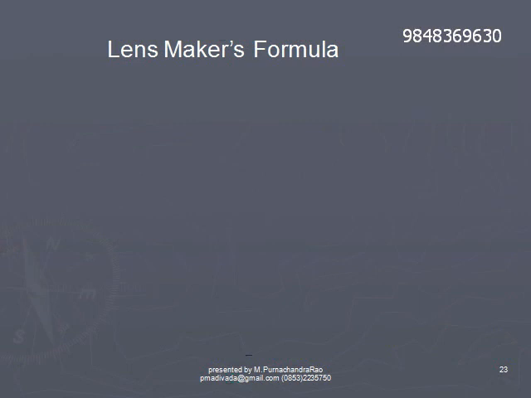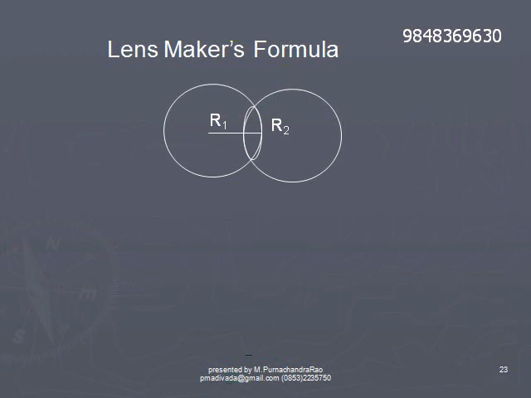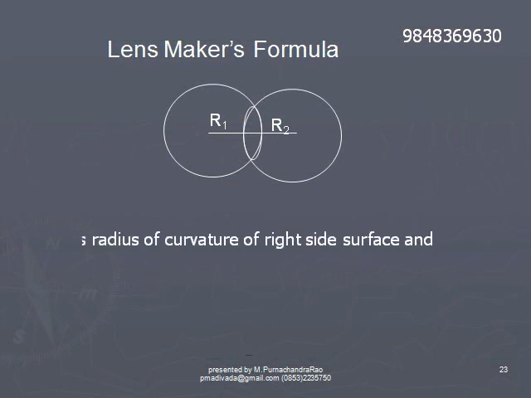Lens maker's formula. Before we understand this formula, first let us go through the construction of the lens. We know that the lens is bounded by two curved surfaces. Let us take a double convex lens. Here the left side curved surface is a part of one spherical surface, and the right side curved surface is a part of another sphere.